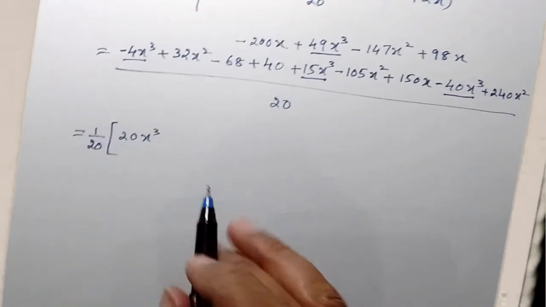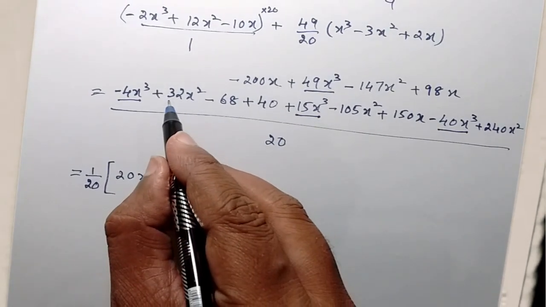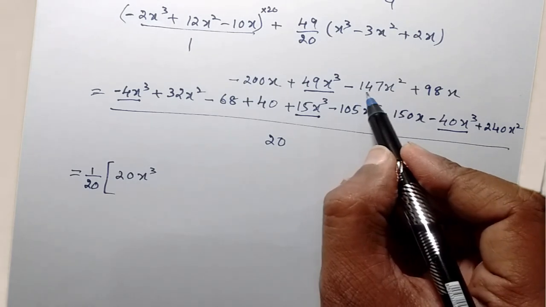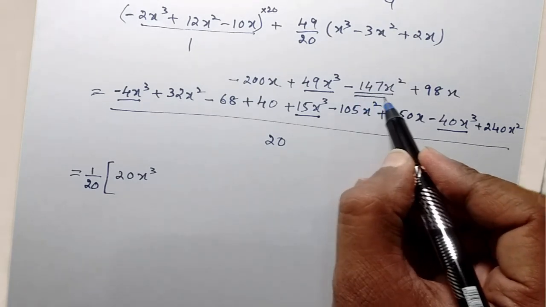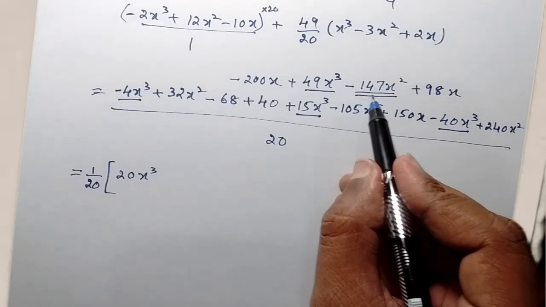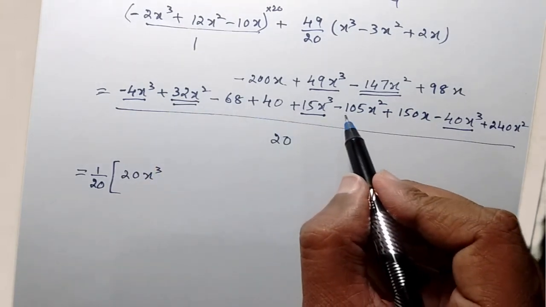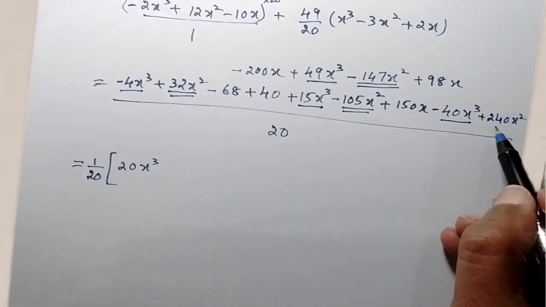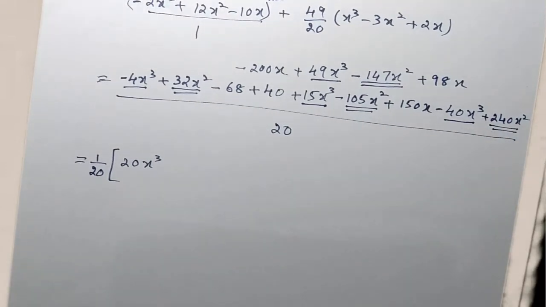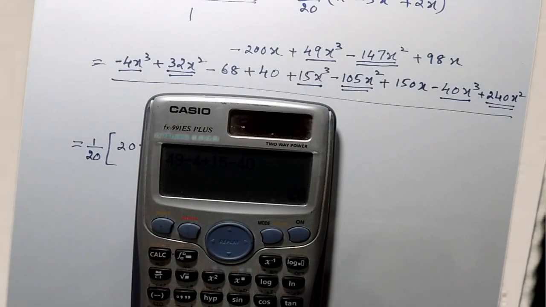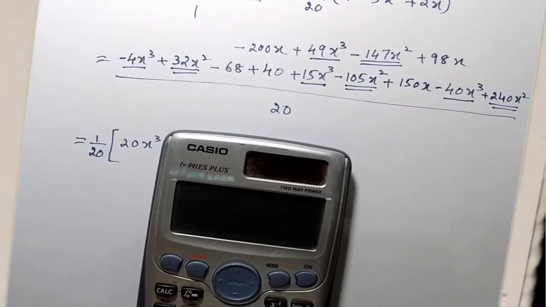Now go for the x square term. What are the x square terms? You can see here, this is your x square term: minus 147 x square. This is your x square term, and this is your x square term. You just add all those values. So what are the terms you're getting?